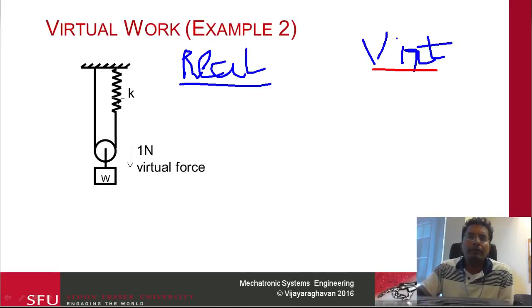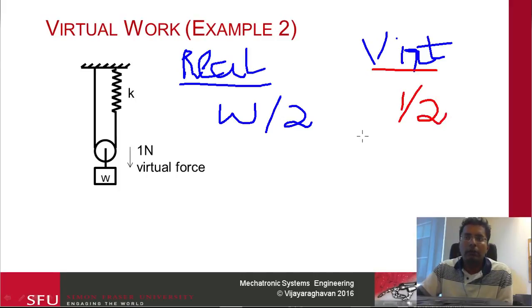So what will happen is in the spring, the real force is going to be W over 2. The virtual force, I can apply any value here, but because I have chosen to apply 1 Newton, the virtual force is going to be 1 over 2, with the same argument here. So this 1 Newton virtual force will also distribute on the two sides, and then we get half.